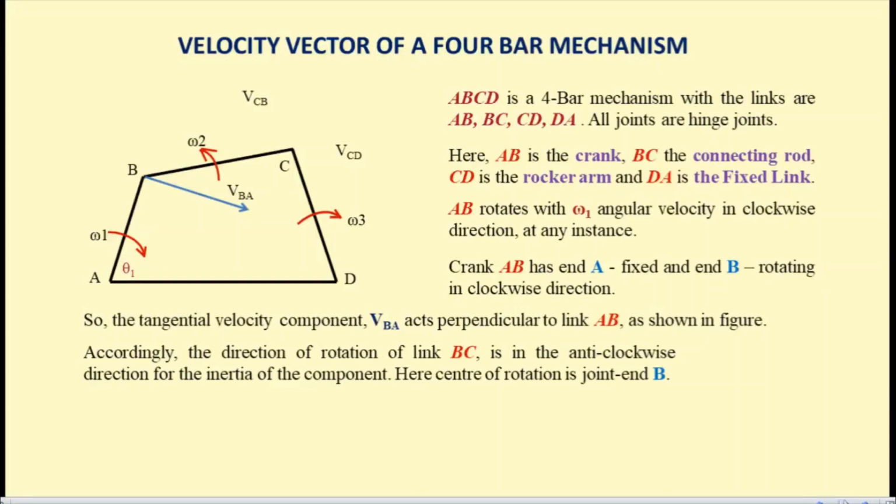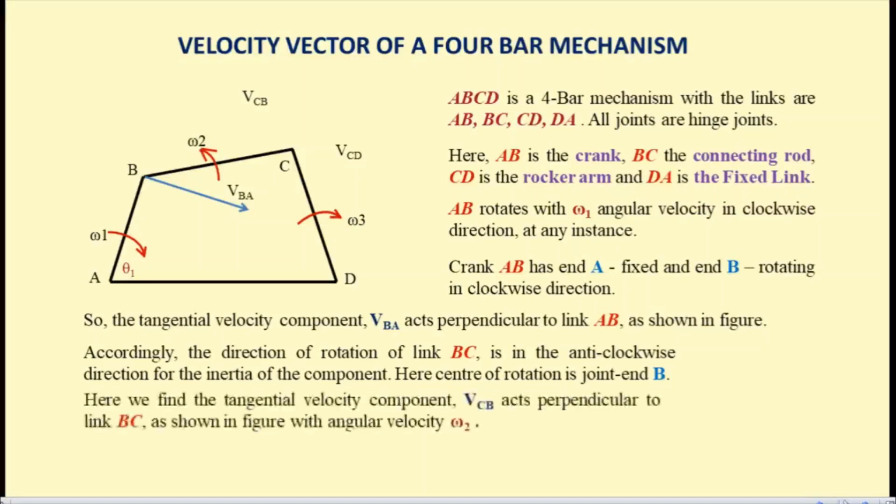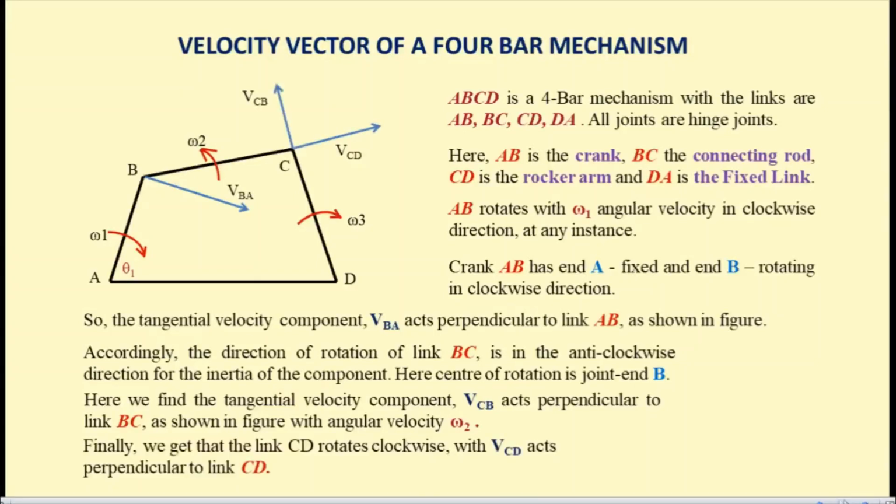Accordingly, the direction of rotation of link BC is anti-clockwise, with the center of rotation at joint end B. Now we find the tangential velocity component VCB acts perpendicular to link BC, as shown in the figure also, with angular velocity omega 2, which is acting in counterclockwise direction. Finally, we get that the link CD rotates in clockwise direction with VCD acting perpendicular to the link CD.